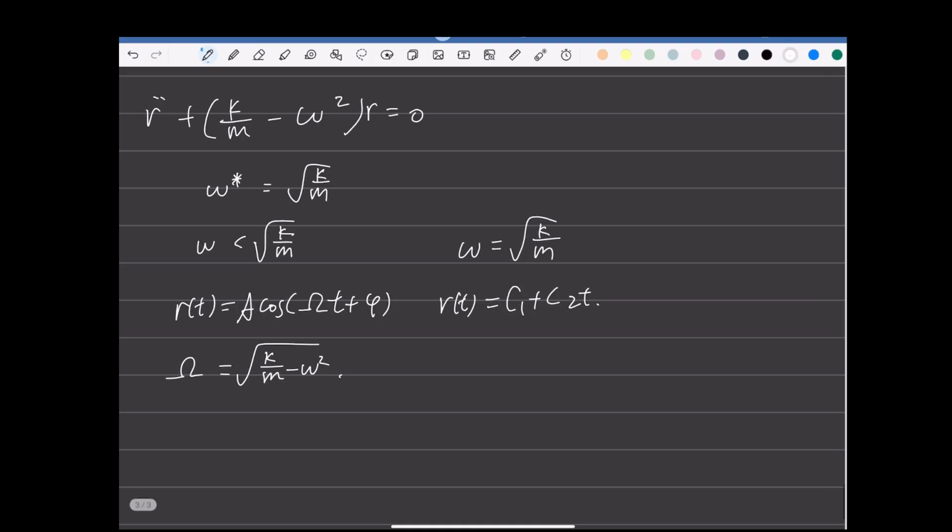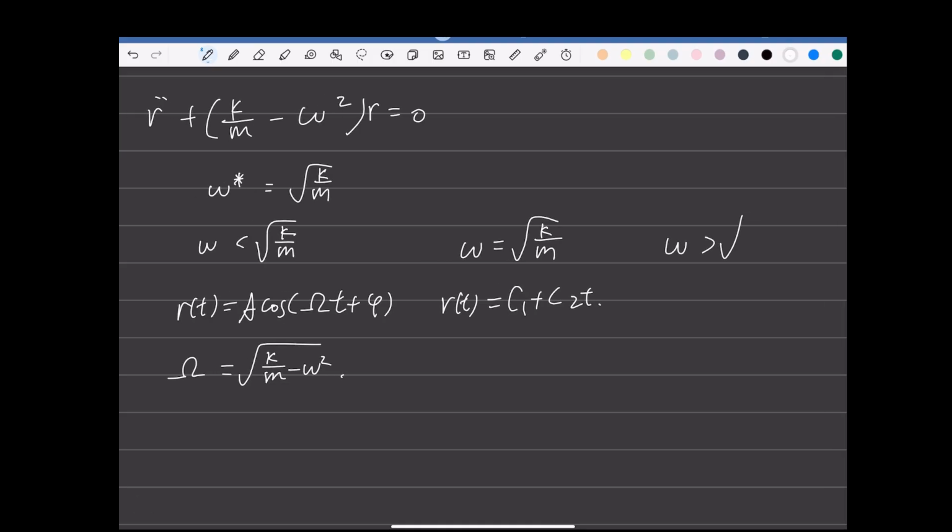And then for the third scenario, when omega is larger than the square root of k over m, the centrifugal force wins over the spring force. And so this is sort of an exponential motion. So r of t should be of the form, let's call it, C3 e to the alpha t plus C4 e to the negative alpha t, where alpha is equal to the square root of omega squared minus k over m.